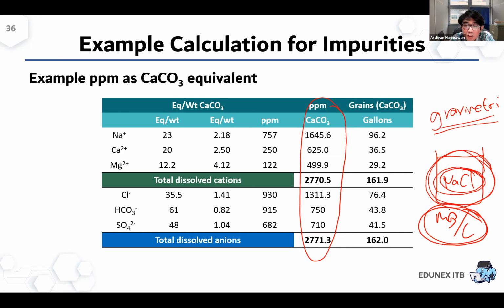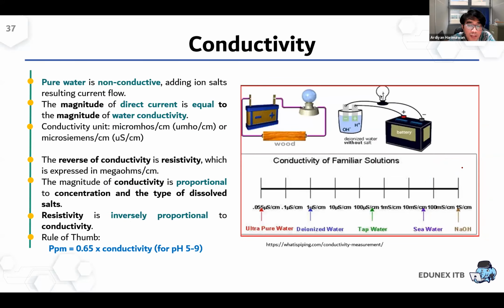Okay, that can only be done if the concentration of salt is quite high, right? For example, in a high pressure boiler, the maximum salt concentration is only 2 ppm. It means 2 milligram per liter.